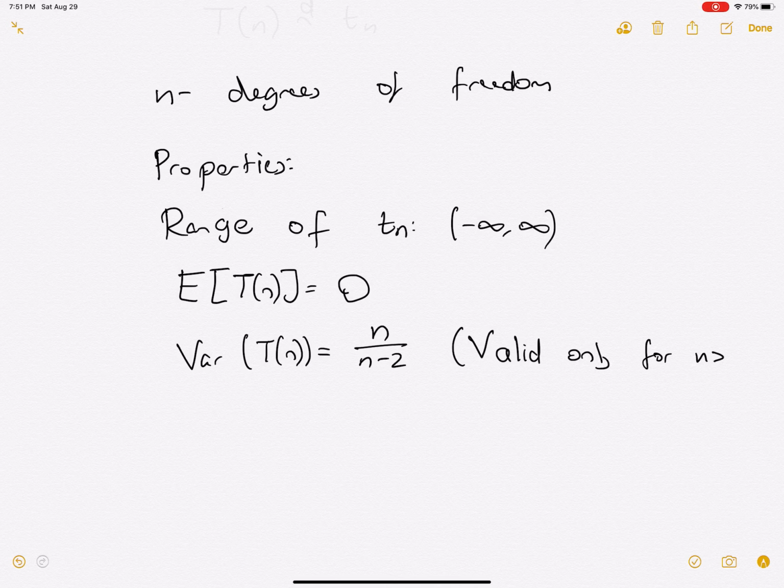This is valid for n bigger than or equal to 3.